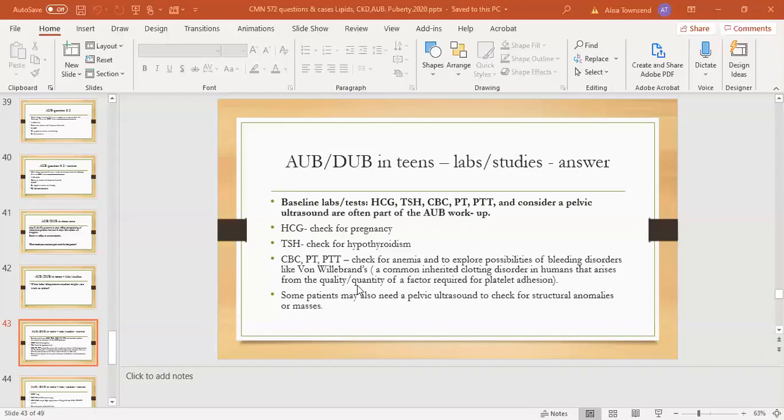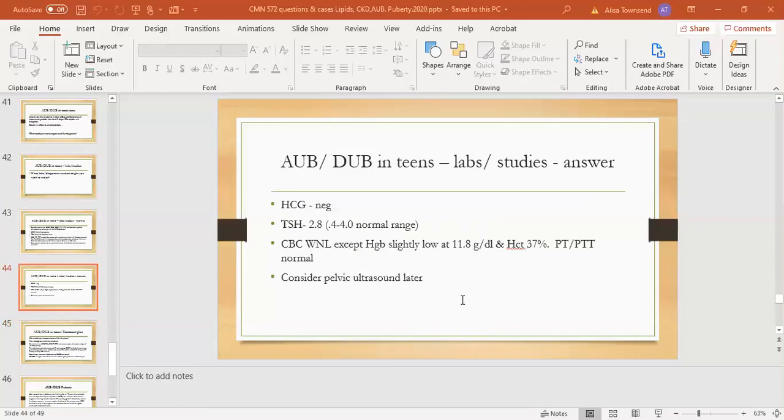So, do they have any clotting kind of issues? That's something to think of. The pelvic ultrasound, any structural abnormalities, probably not likely, but that can be something in the back of your mind. With this young lady, her pregnancy test was negative, yay. TSH was normal at 2.8.